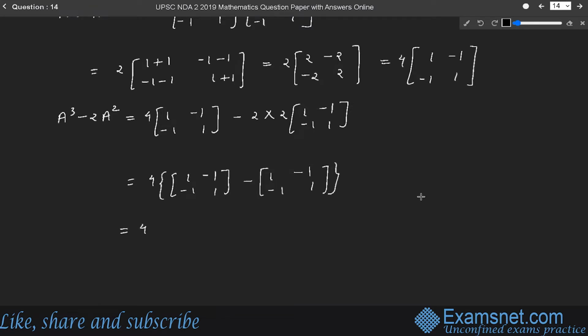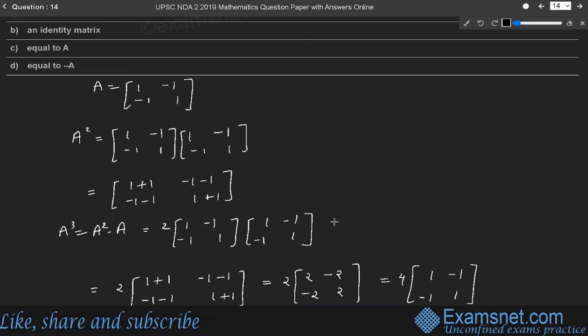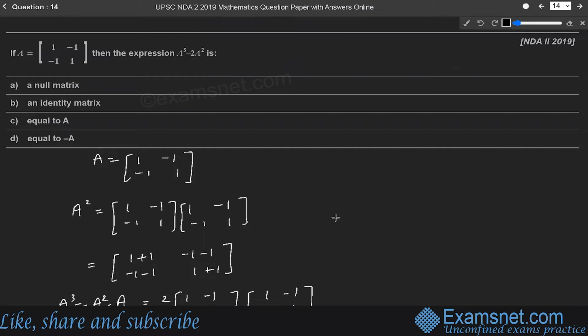So this will be equal to 4 into [0, 0, 0, 0], which is a null matrix because it does not contain any non-zero elements. So the correct option here will be option A, which is a null matrix.